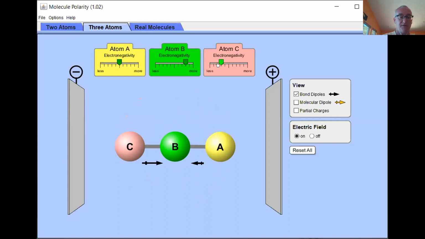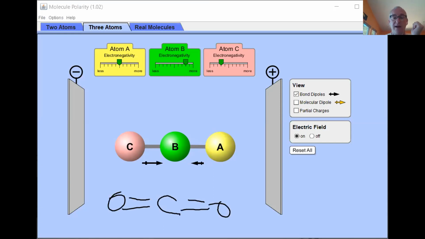And that explains why CO2 is nonpolar, because the polarity of this carbon-oxygen bond is exactly the same as the polarity of that carbon-oxygen bond.